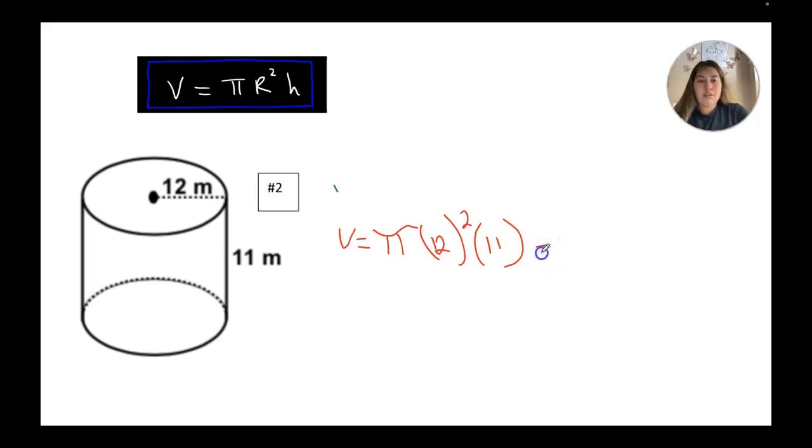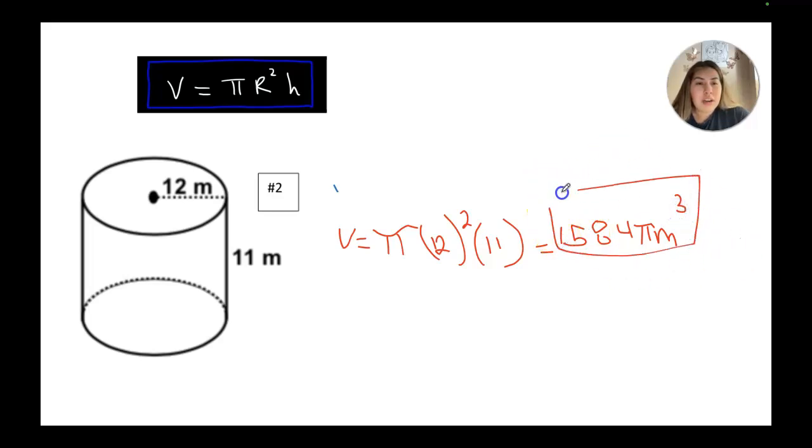So our total volume for this cylinder is 1,584 pi meters cubed.